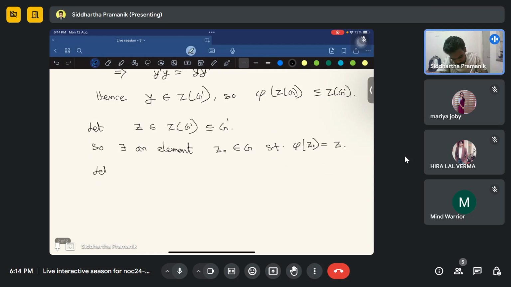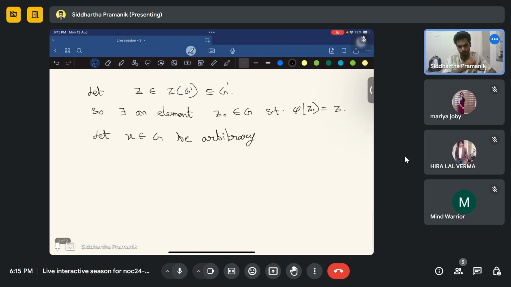So let x belong to G be arbitrary. Then phi of x belongs to G prime. So this implies phi of x times z is equal to z times phi of x, because z is in the center of G prime.